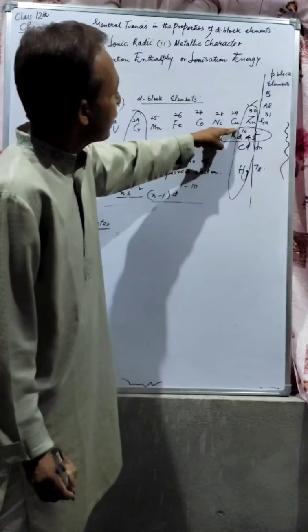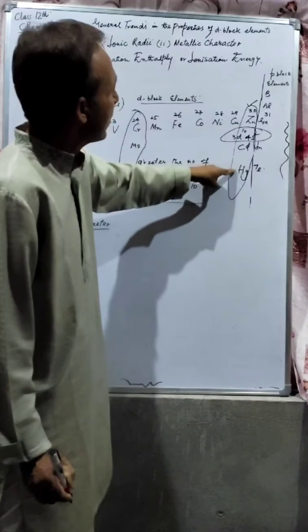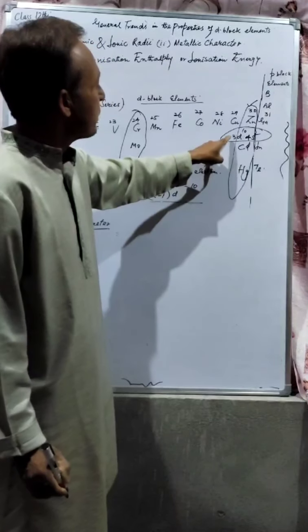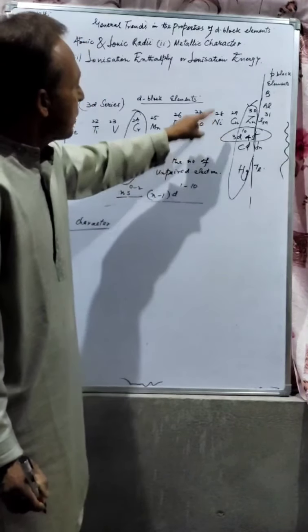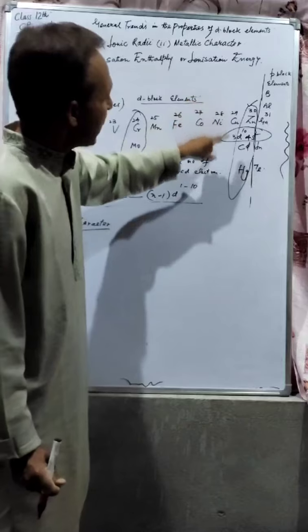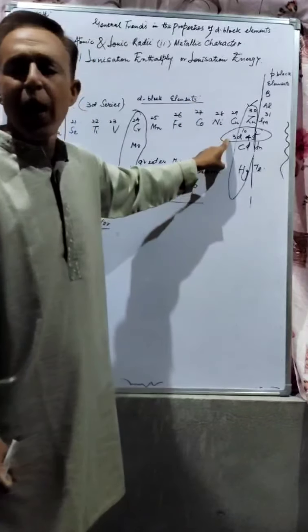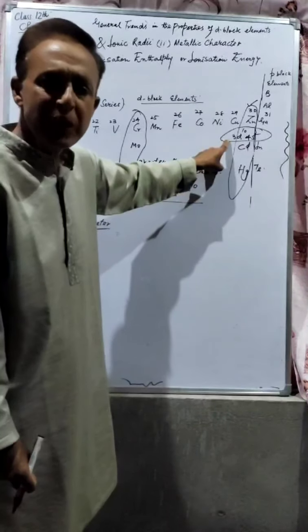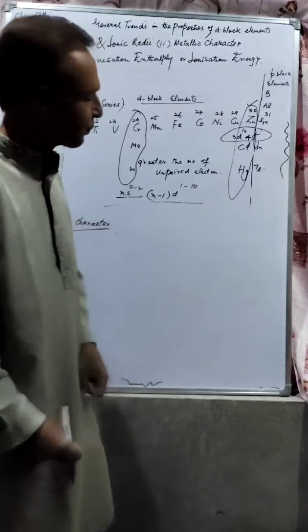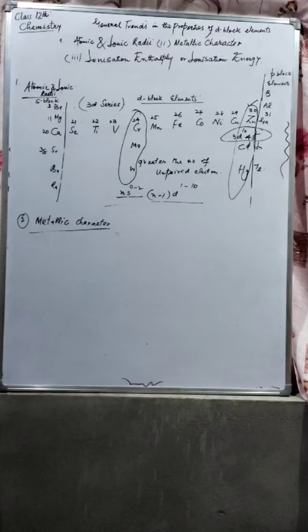That means they have no unpaired electron. This is why while forming the bond there is not stronger bonding due to the absence of the unpaired electrons. So this was all about the metallic character.